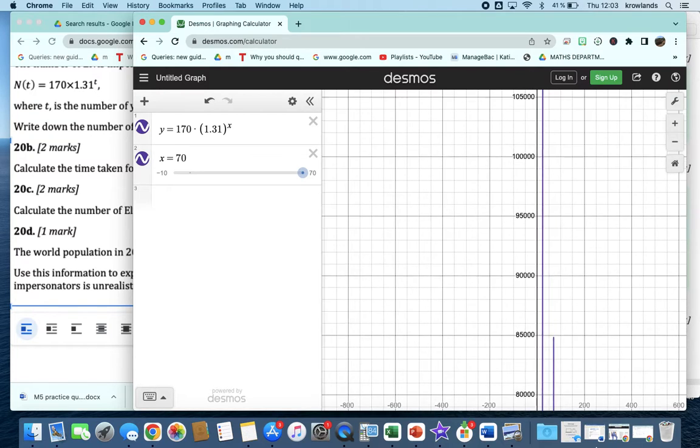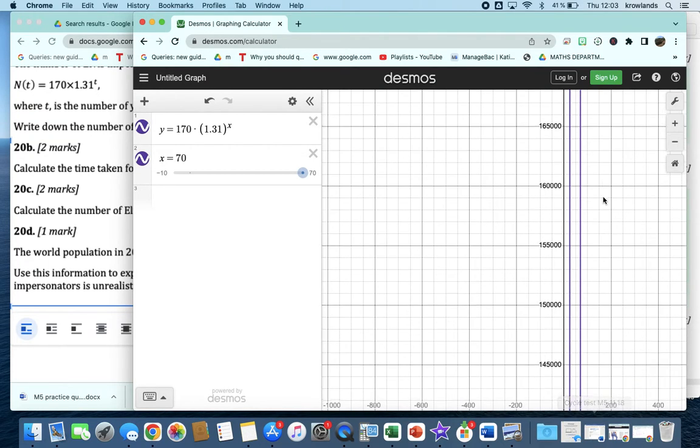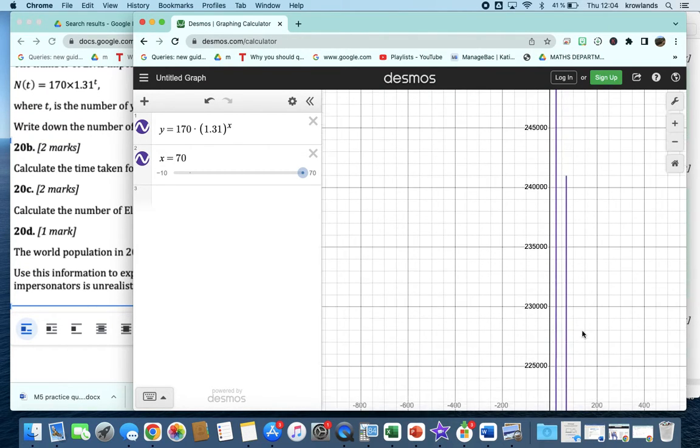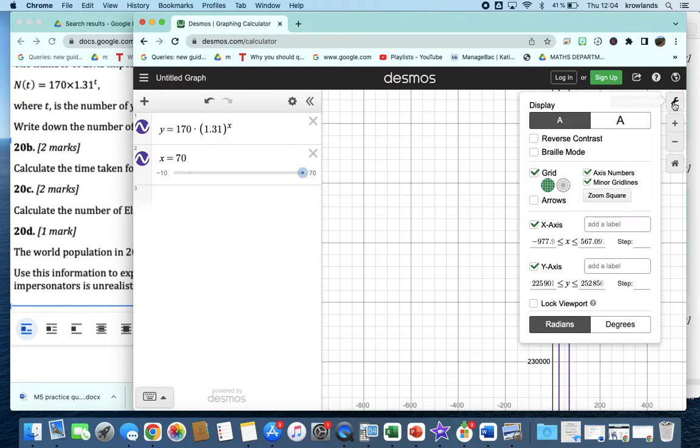And we want to see where they cross. We still can't see where they cross, so we need to make the y-axis a lot bigger. Let's make it double as big. 50,000.